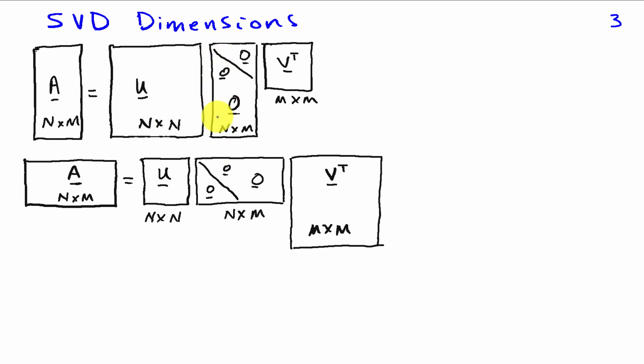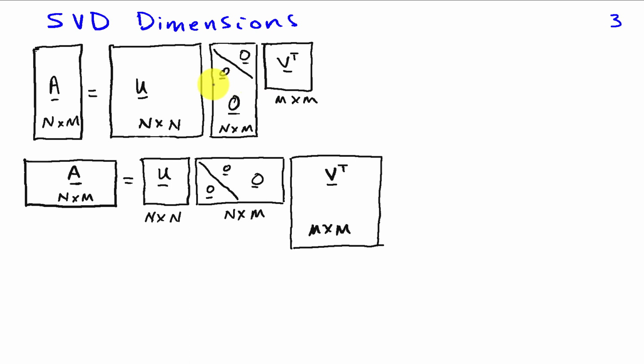Then sigma is n by m, so that's the same dimension as A. And then V is a square matrix of m by m. Now in the other case, where A is wider than it is tall, then U is an n by n matrix. Sigma again has the same dimension as A. And then in this case, V transpose is the m by m matrix.